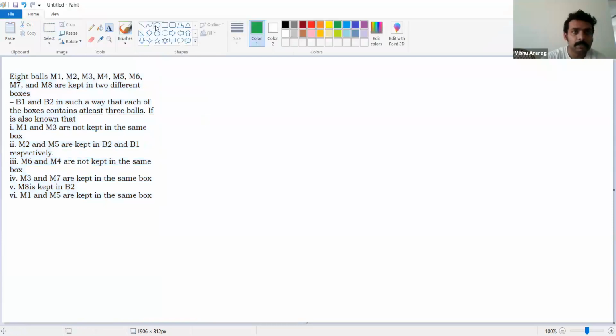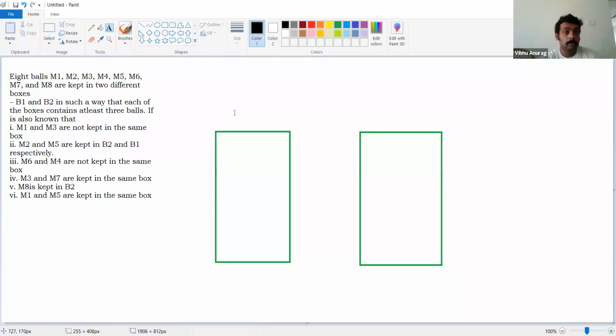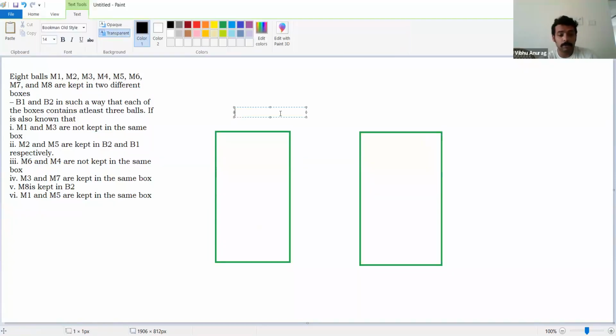So I will just draw two boxes. This is one and this is another. I'll label them also. This is B1. This is B2.